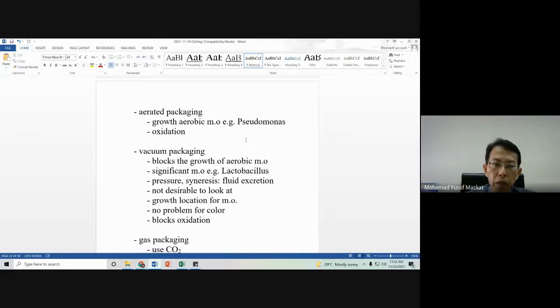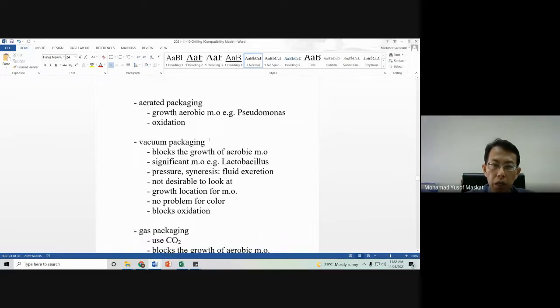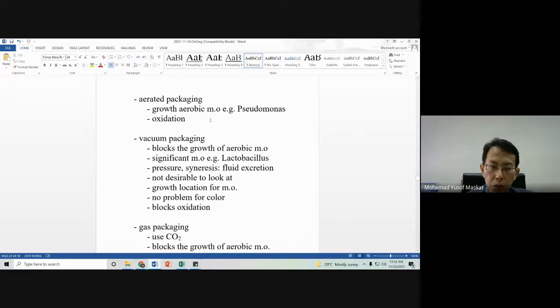However, for poultry, the existence of oxygen is less of a concern, apart from the viewpoint of color. Because for poultry, chicken, we don't need it to be red in color.